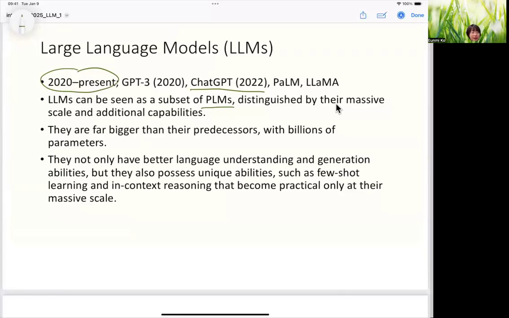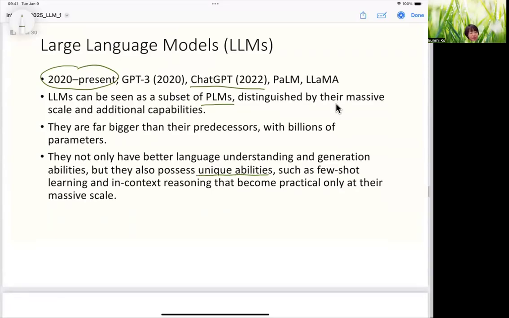So it is like a set of regression equations, but the parameters are like billions, tens of thousands of billions. They not only have better language understanding and generation abilities, but they also possess unique abilities such as few-shot learning and in-context reasoning that became practical only at their massive scale with tens of thousands of billions of parameters. All right.